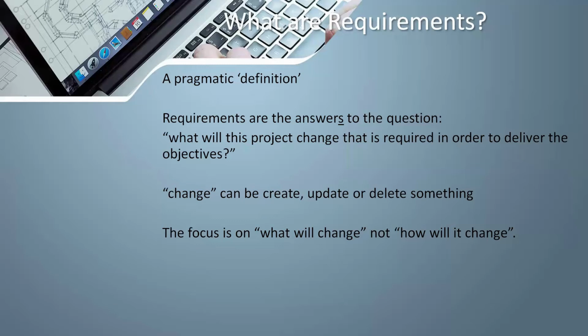See, what it says is: what will this project change that is required in order to deliver the objectives? We have business objectives, and there will be some system in use. If it is not IT, it could be a manual system, a paper-based system, it could be anything, but it is a change.